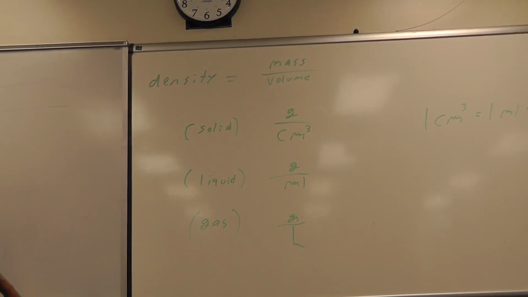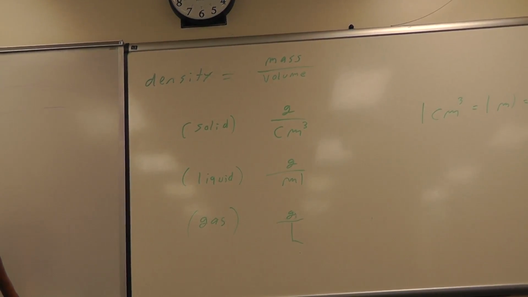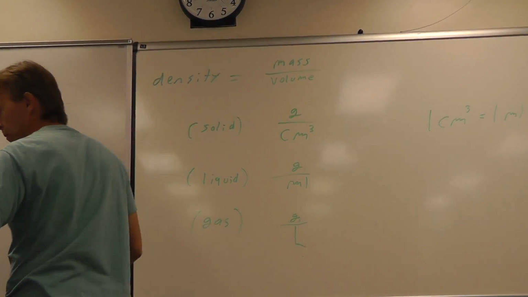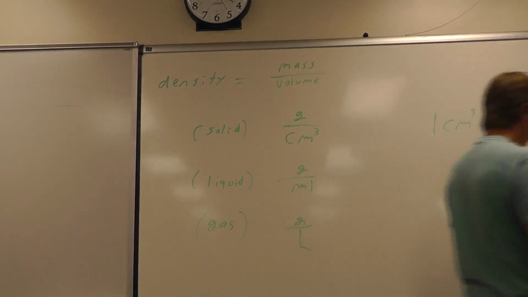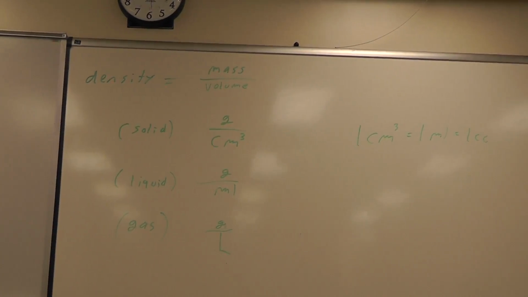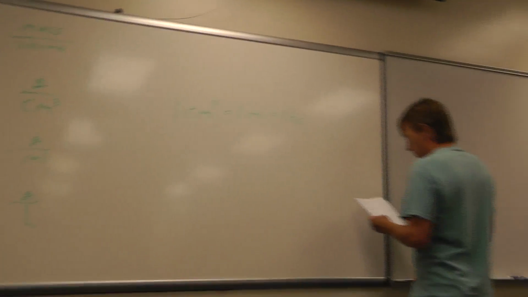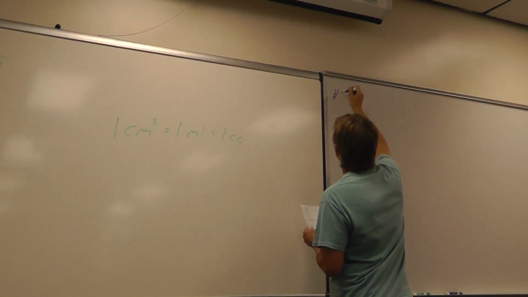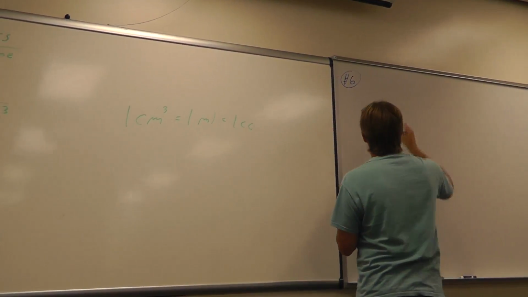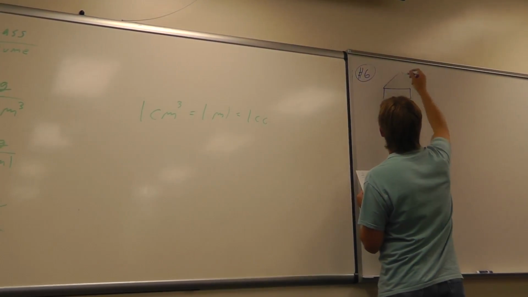All right. Question number 6. We've got this object, it's a piece of metal. We know its length, width, and thickness.